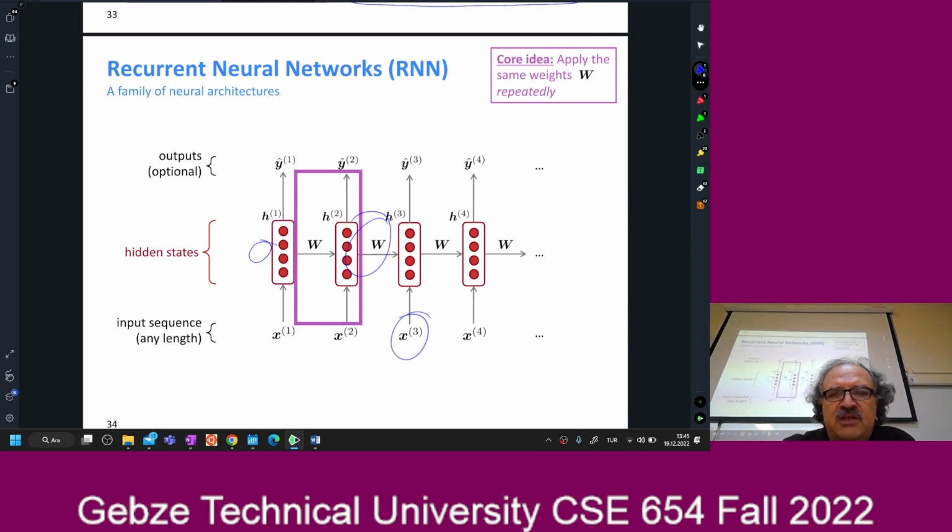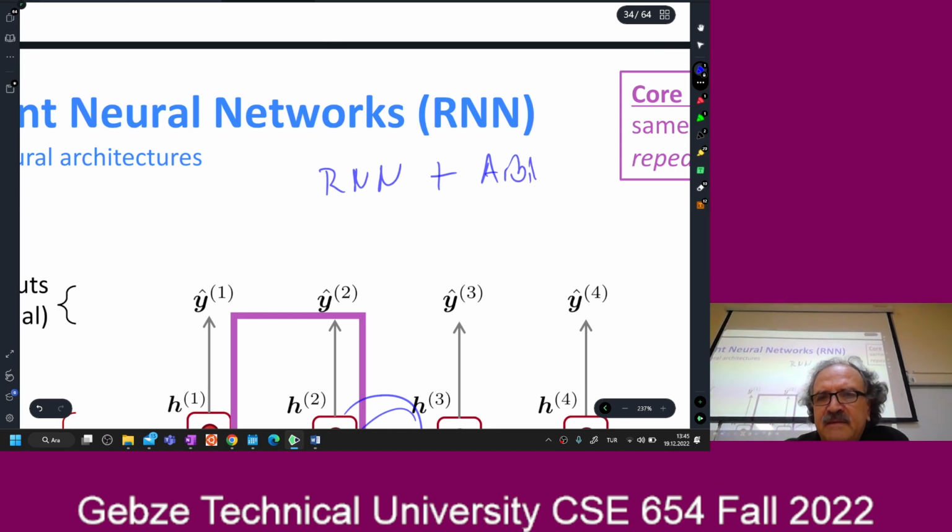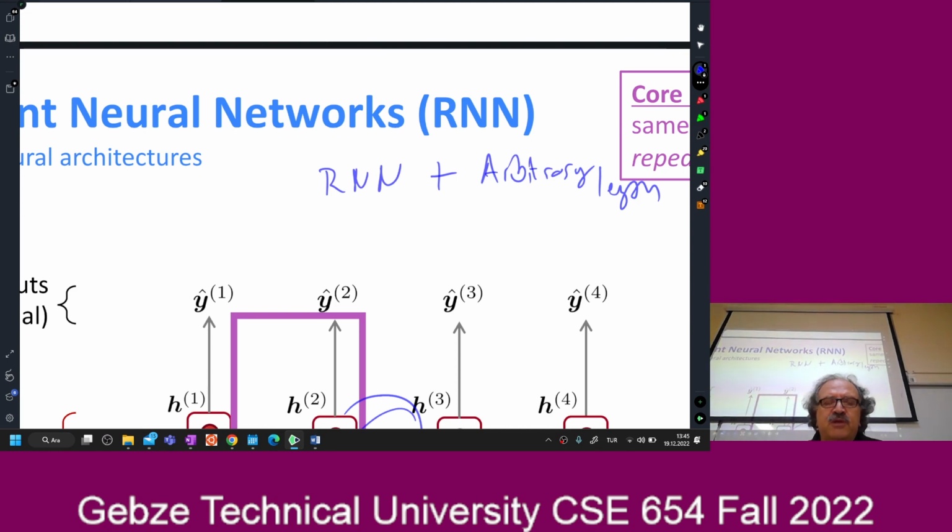The plus of the recurrent neural network, the RNN, is arbitrary length inputs. I can process arbitrary length input, including 3, 4, 5 words up to 50, 100, 1,000 words. Doesn't matter. It's going to work.